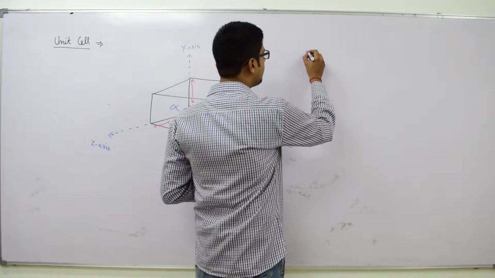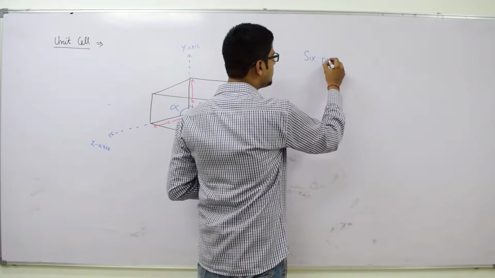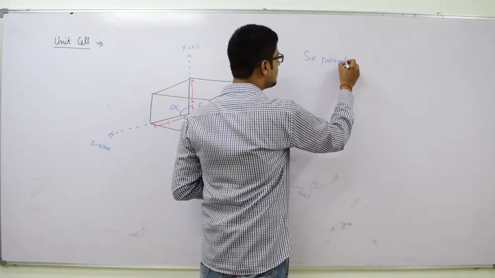So, in total we have 6 parameters related to the unit cell.